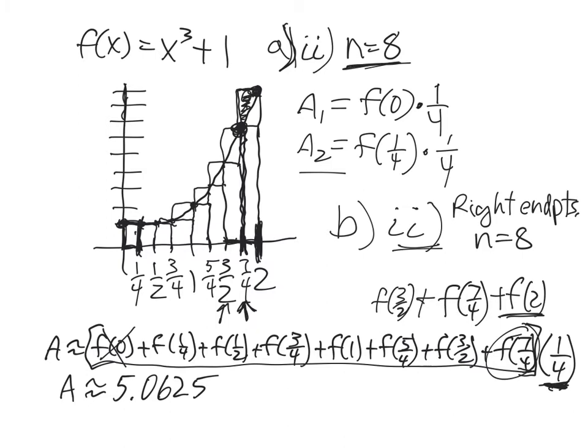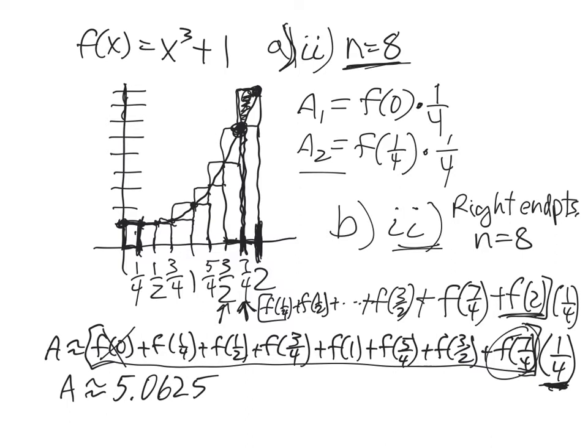So f of 1/4 will actually be our first one. And then plus f of 2. And now all of that is times 1/4.